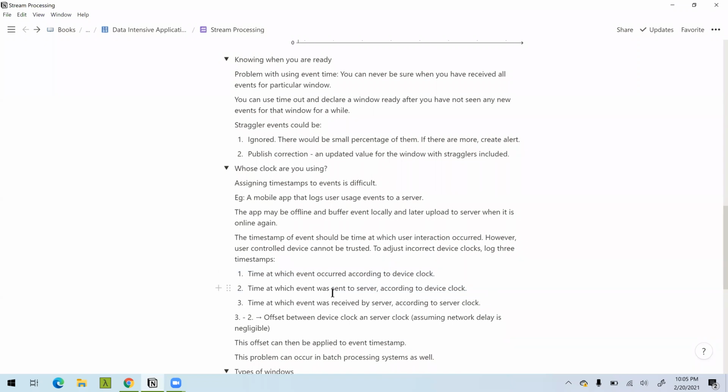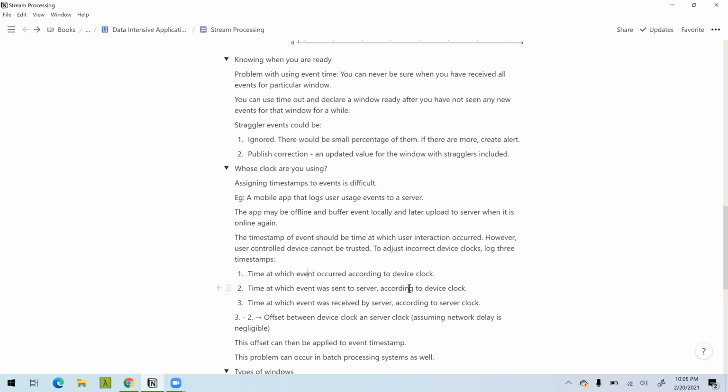No, if we ignore the network delay, then the offset is the time which was the server clock's time when the event was received. Because now the event has been received by the server, you can take the server clock's time.